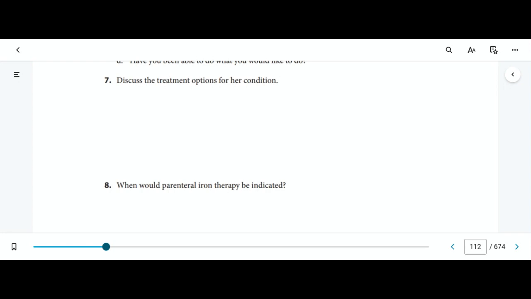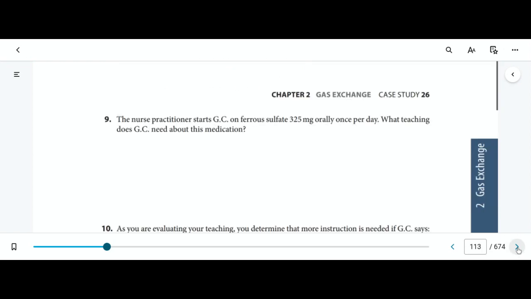What else? Yeah, if she's got some kind of absorption issues. If she's got a really bad gastritis, we'll talk about gastritis next week, where you just have inflammation of the lining of the stomach, so your absorption is tanked. So you just can't get enough in your system to maintain levels that you need. Or if she just continues to lose blood, then we're not going to be able to keep up with the amount that's being lost.